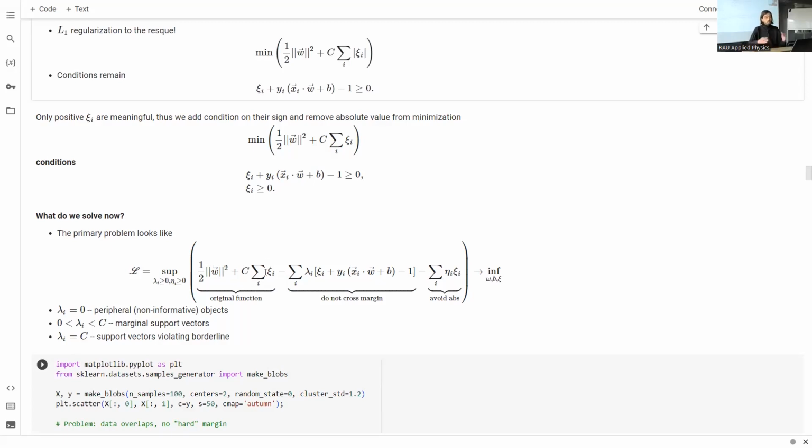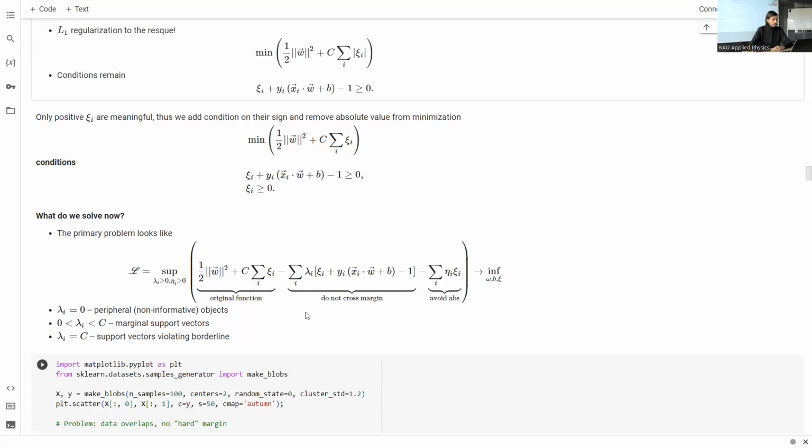You remember that the Lagrangian is some sort of entity that I construct from my conditions and the function that I minimize. And here I am adding my conditions. So this is one condition, psi i plus and so on, so that my points lie correctly. This is a condition that avoids me using absolute values. So I don't want absolute values in here. It's a little bit complicated to minimize that thing. So I'm just adding it like one more condition.